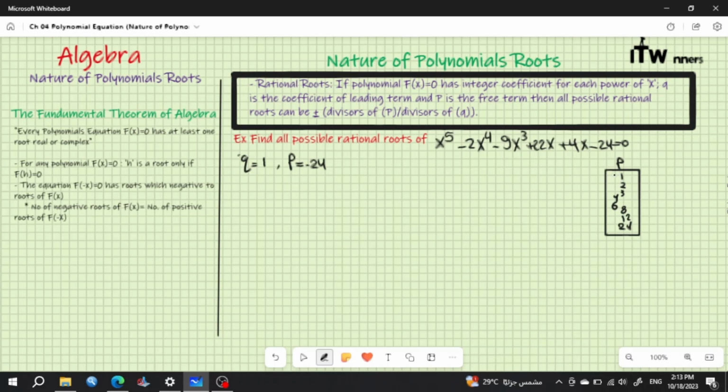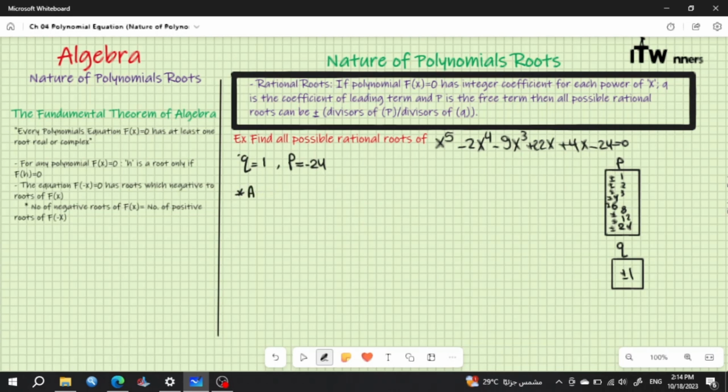But we must put plus or minus for all, as we can obtain 24 in two ways, always by two ways. And we have here q, so the divisor of q is plus or minus 1. So let's start here.